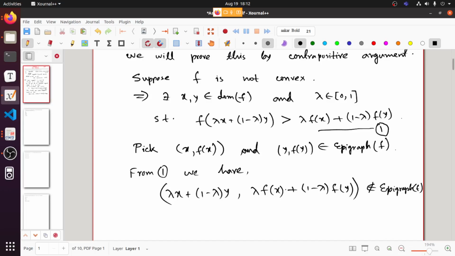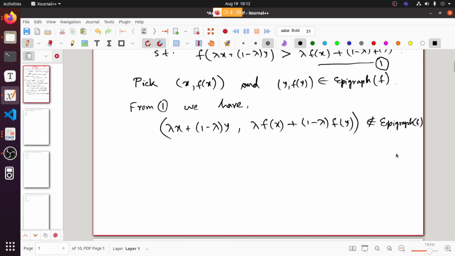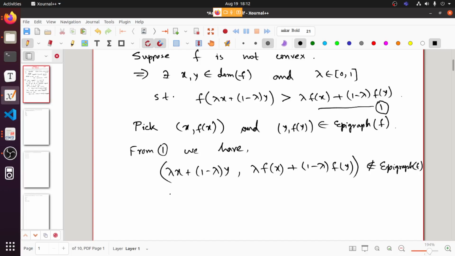Why does this not belong to the epigraph of f? Because what is the definition of epigraph? The image should be less than or equal to the other coordinate, that is, f(x) should be less than or equal to y. But here, as f of lambda x plus 1 minus lambda y is greater than lambda times f(x) plus 1 minus lambda times f(y), right?